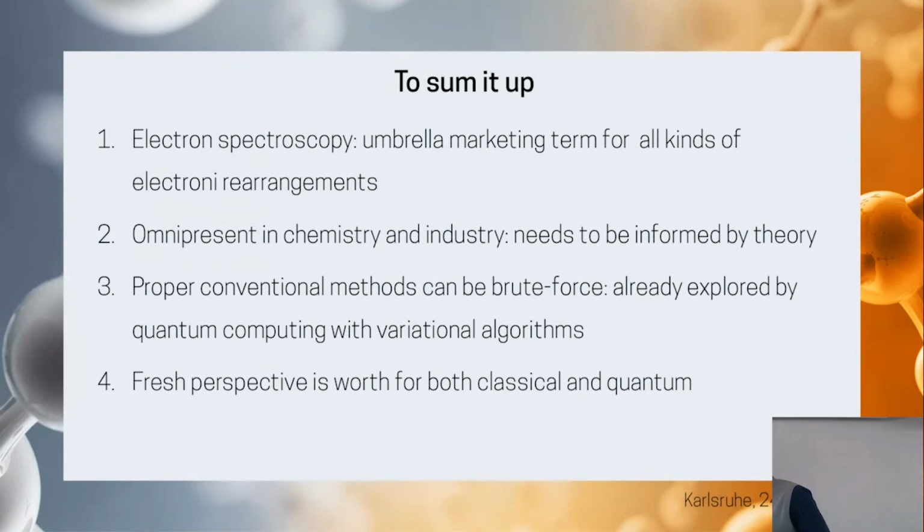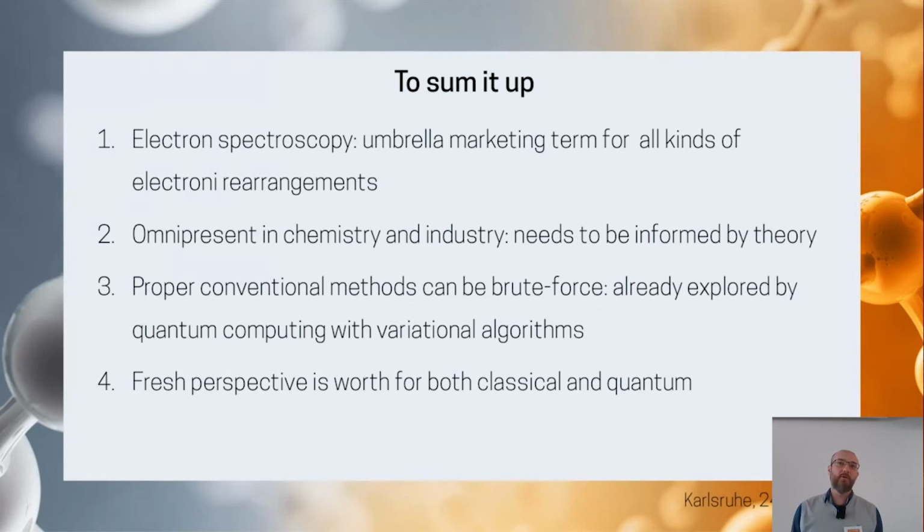Sorry, a bit sick. So electron spectroscopy, a mnemonic rule that looks a bit ridiculous, but better to remember. That's not something you see in the textbook, but you see it at HQS. It's a marketing term which we use for electronic rearrangements. I think I have convinced you that it's omnipresent, and every one of you can just buy it on AliExpress and experiment yourself.